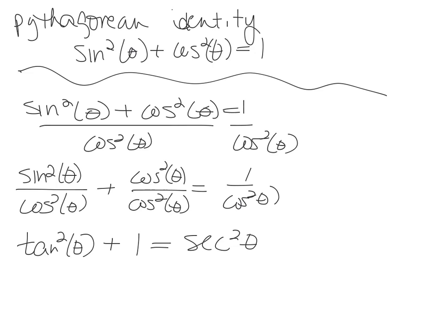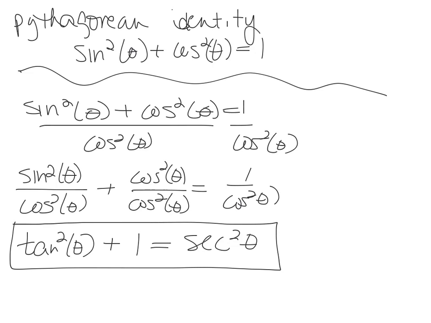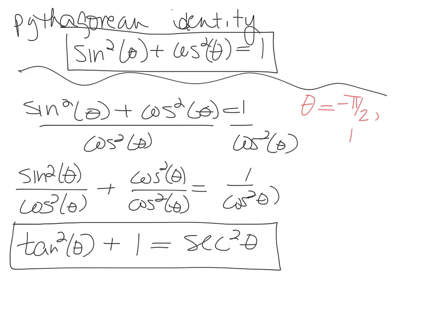Right? We now have another identity. We now have two identities. Let's point out some interesting facts with this particular identity. When theta equals negative pi over 2, 3 pi over 2, basically it's pi over 2 plus k pi.